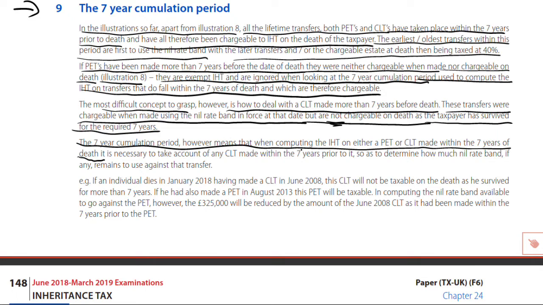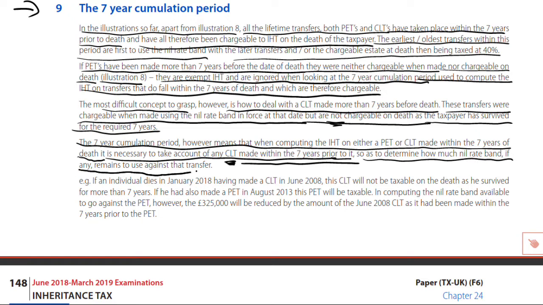But now, when computing either a PET or CLT made within the 7 years of death, it is necessary to take account of any CLTs made within the 7 years prior to it. Why do we need to do that? Not that they will become chargeable, as they fall outside of the 7 years before the date of death, but so as to determine how much nil rate band, if any, remains to use against that transfer.